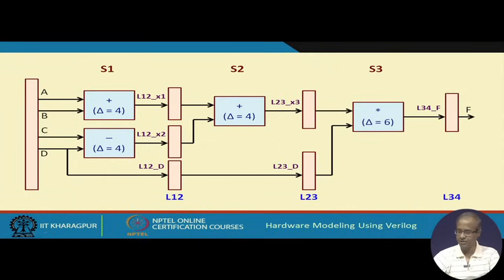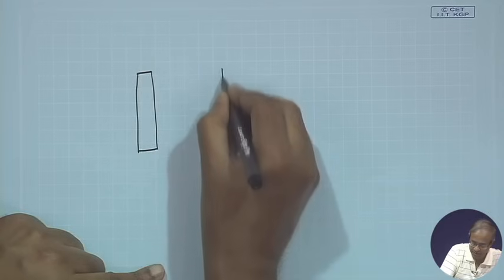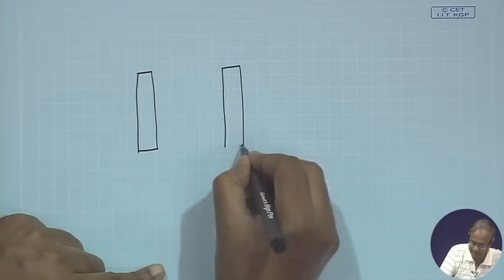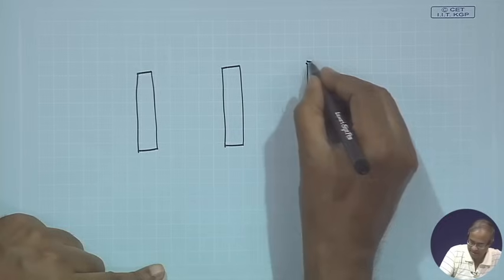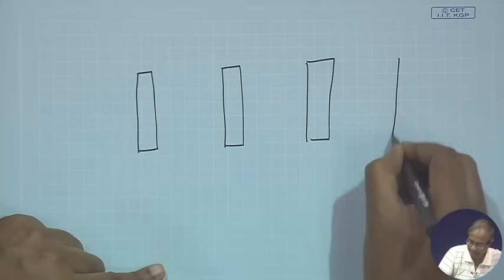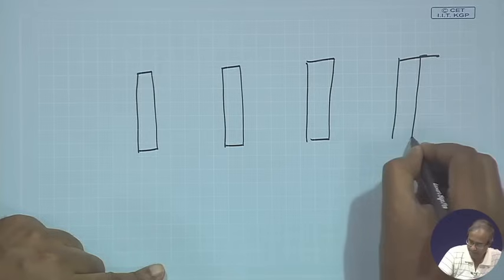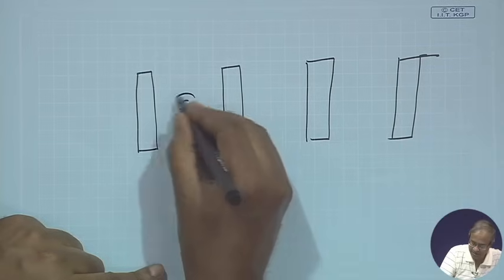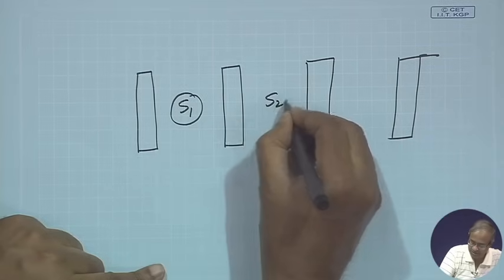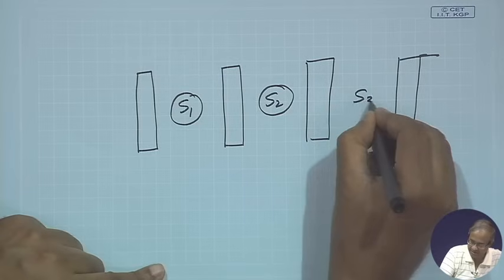Now, just one thing we are assuming here for the time being is that there are some latches. I am showing the latches like this. There are 3 stages: a stage S1 here, a stage S2 here, a stage S3 here.